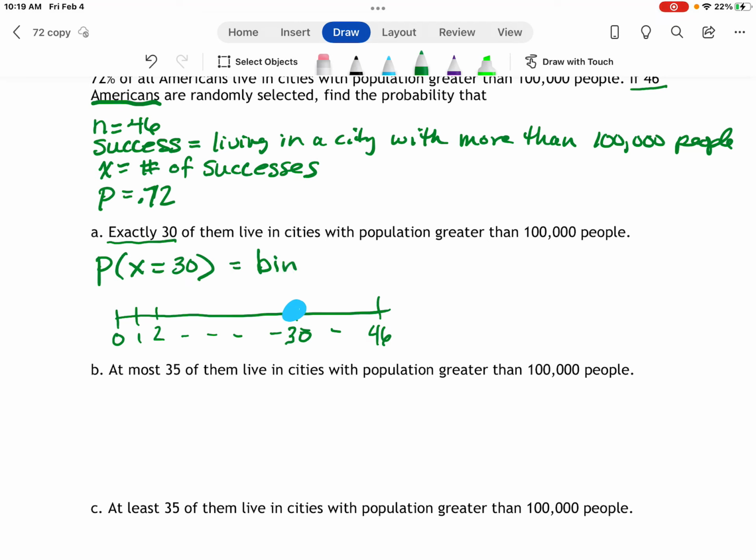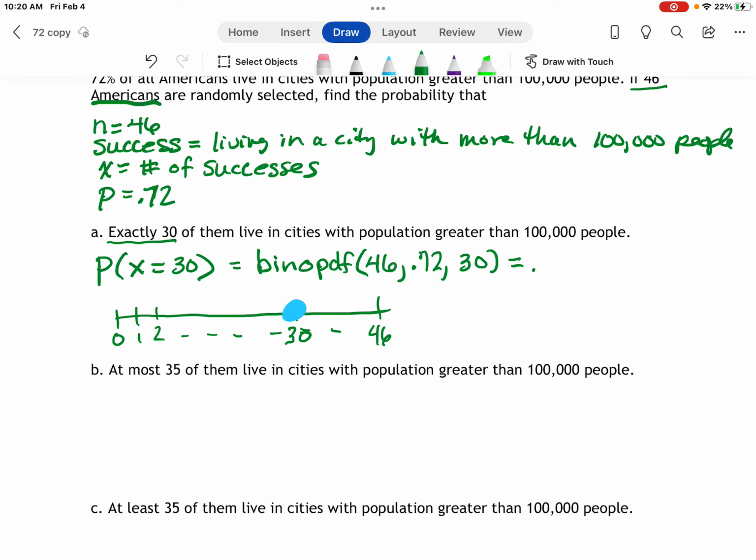So in my calculator, I'm going to go to the distribution list, and find the binomial distribution, specifically the binomial PDF. And I'm going to put in the number of trials, which is 46, our value P, which is 0.72, and then our number of successes that we're looking for, which is 30. X is 30.